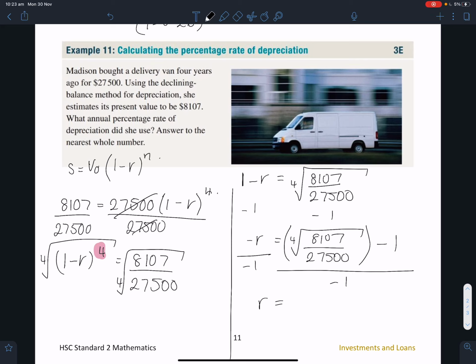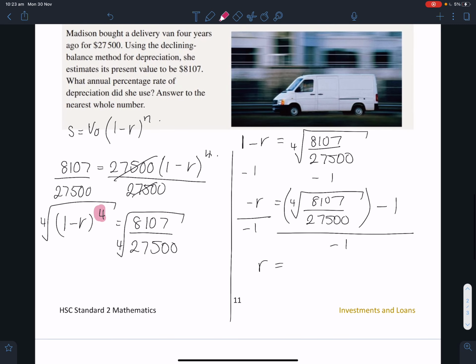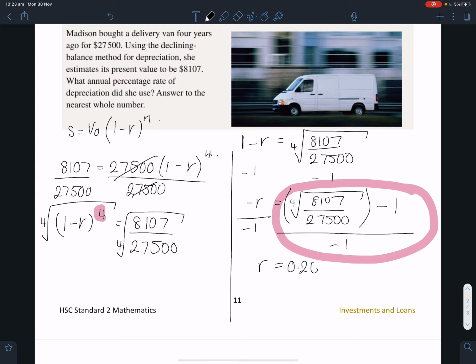Put all this in the calculator in one go, and you'll get r equals 0.26314 and so on. Times it by 100 to make it a percentage, and you'll get 26.314%, which is approximately, nearest whole number, 26%. That is the interest rate.